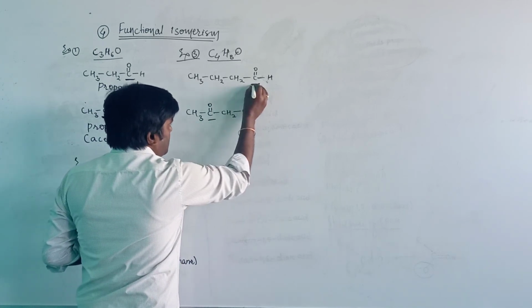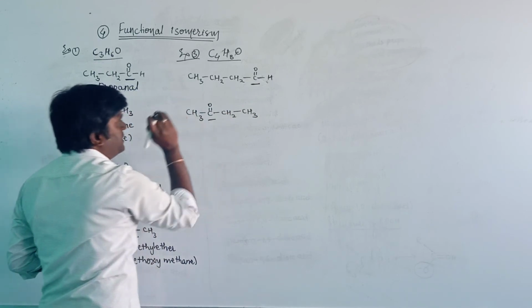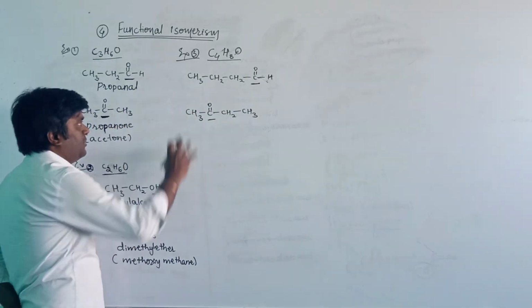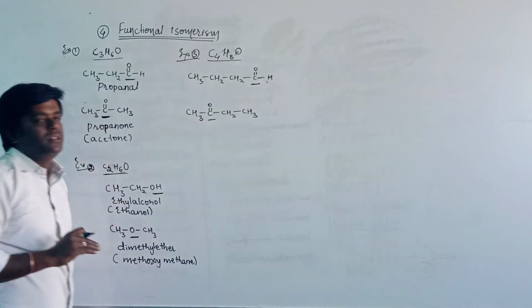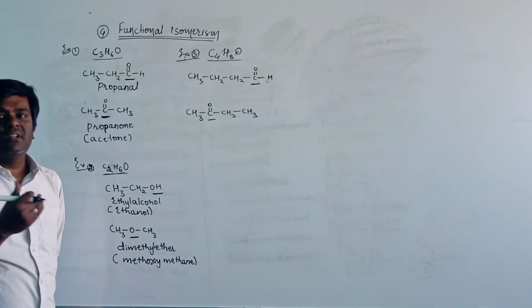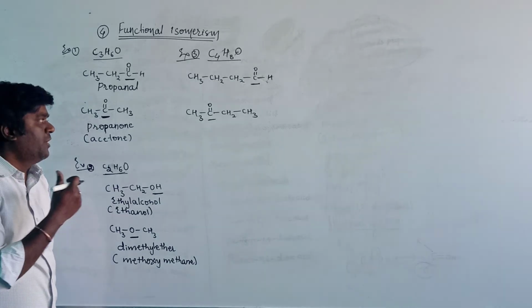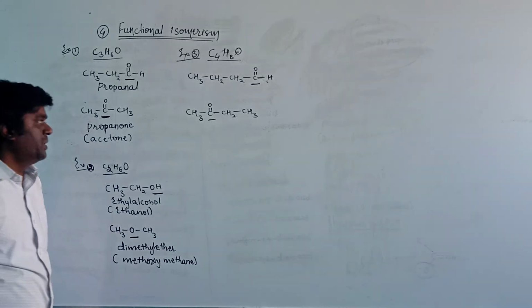Here it is the aldehyde group and here it is the ketonic group. Therefore, these two are functional isomers, and that phenomenon is known as functional isomerism.